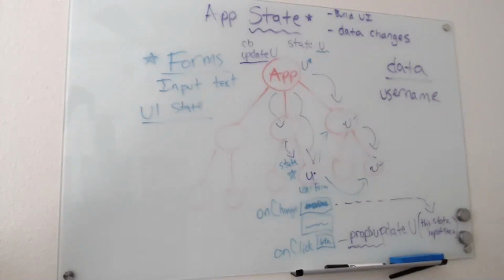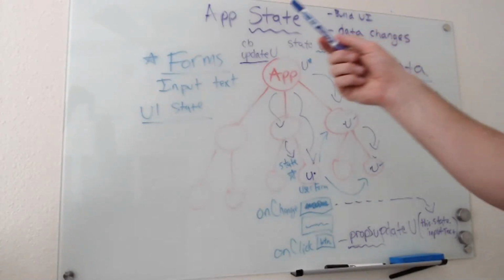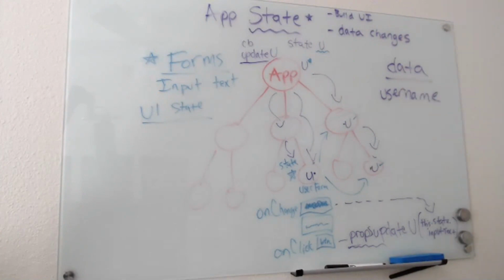What I suggest is if state is still really tricky in your mind, I suggest grabbing a piece of paper. If you have a whiteboard, even better. Draw out what your state management is going to look like for every single project.